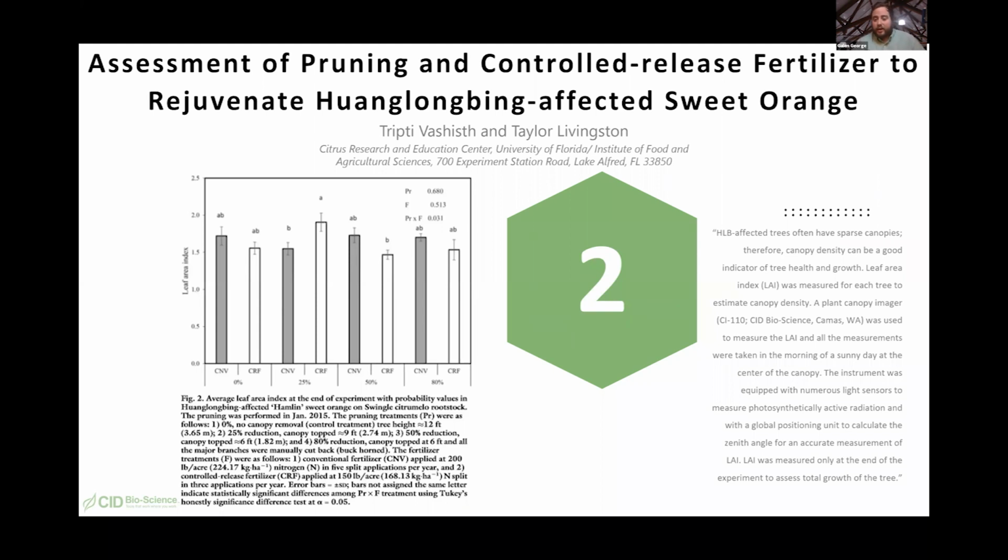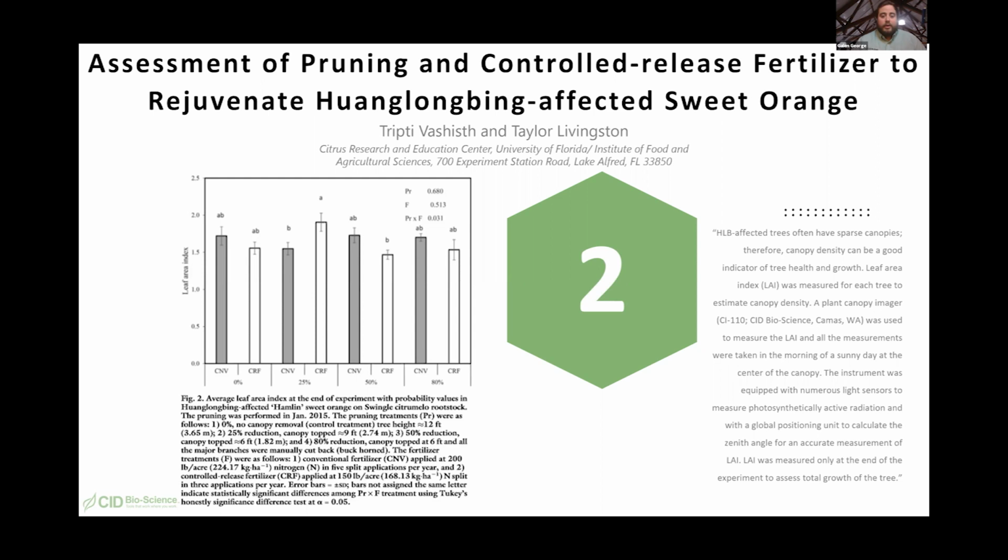So they had to make sure that they had precise measurements of their canopies, using the leaf area index from the CI-110 in order to control that variable as they pruned, to make sure that the treatments were consistent across all the different treatment groups.